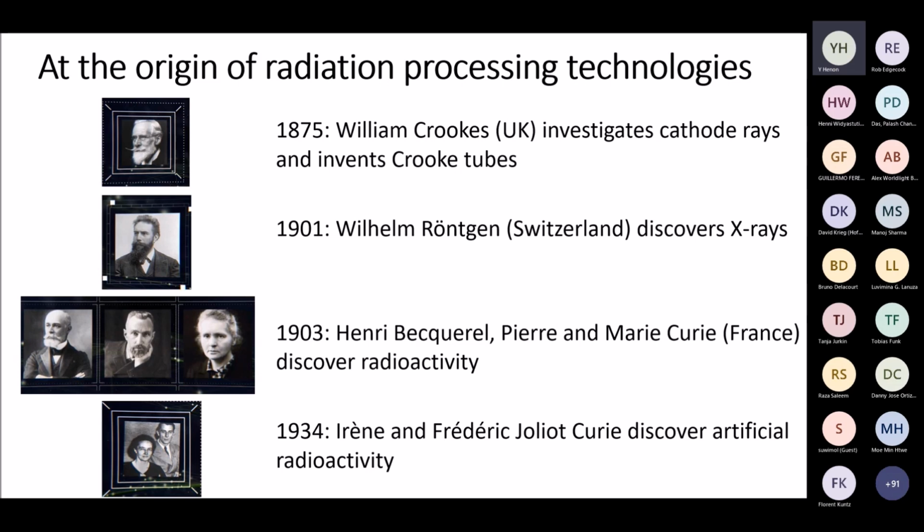So creating an element that does not exist in nature. And this would not have been possible without the discovery of Irene and Frédéric Joliot-Curie in 1934. All these people on these pictures here have received the Nobel Prize.